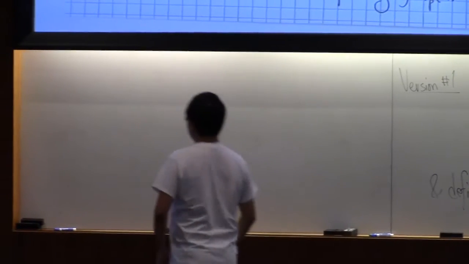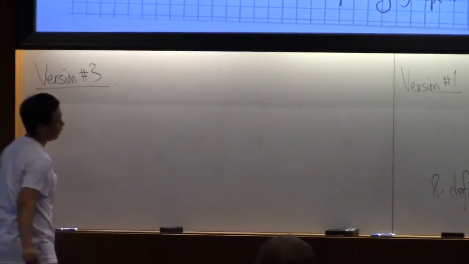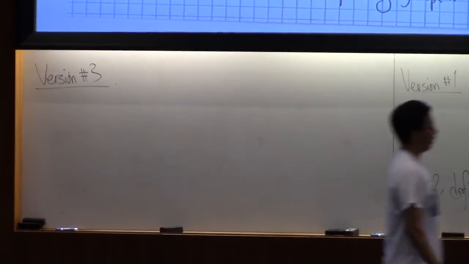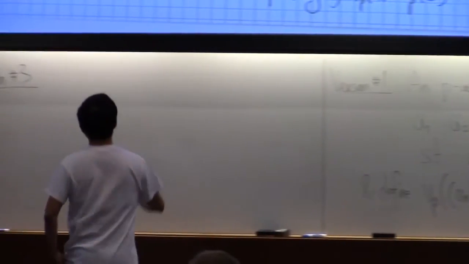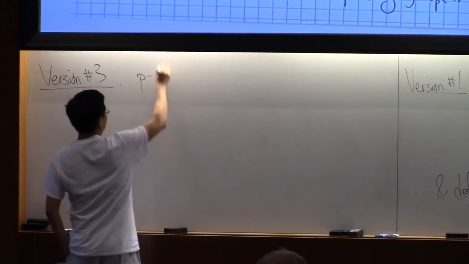So finally, let's just make it super explicit. A sequence is not easy to work with. So there's something called a p-adic expansion.